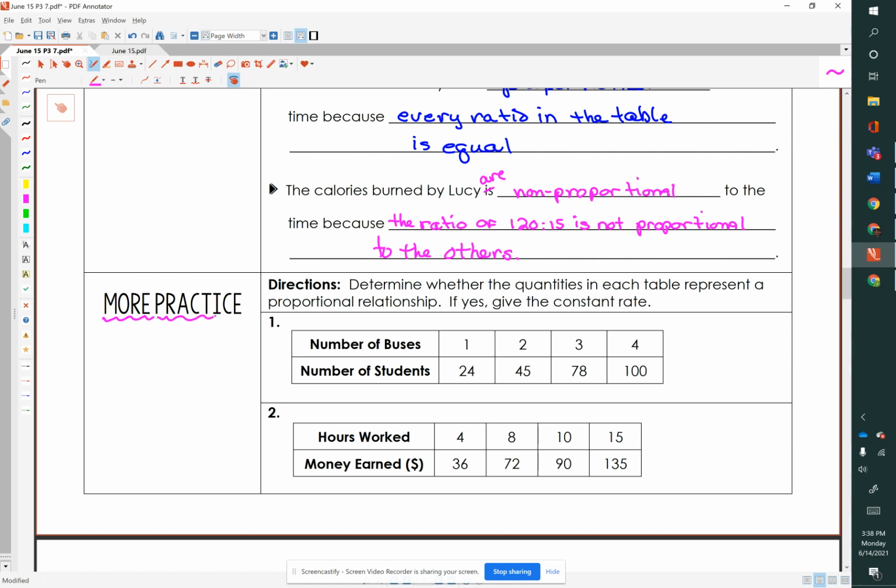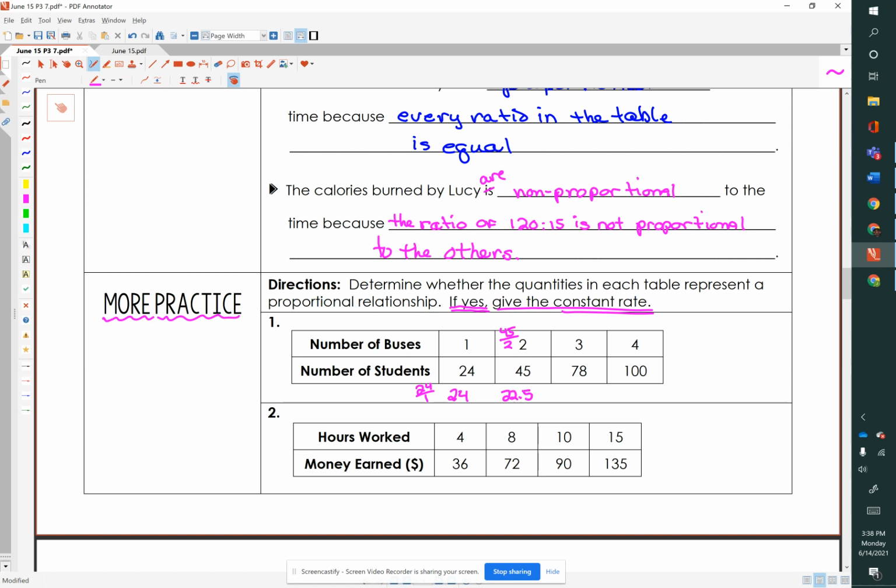All right, so let's do some extra practice. Maybe I'll do a few of them, and I'd like to see you try some on your own. We're going to determine whether the quantities in each table represent a proportional relationship. If the answer is yes, we are going to give the constant rate. So what is the rate? 24 divided by 1 is 24. 45 divided by 2 is 22.5.